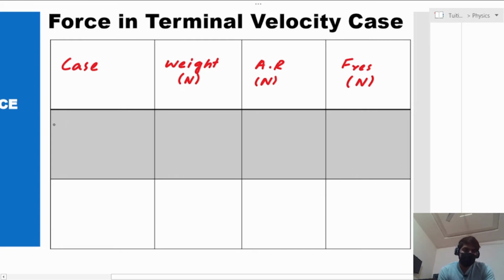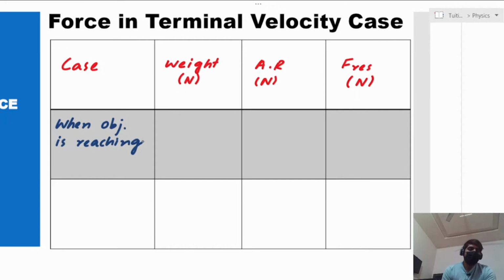So the first case is when the object is reaching the terminal velocity, right? It has not reached the terminal velocity. It might reach the terminal velocity after 2-3 seconds, but it has not reached it yet.